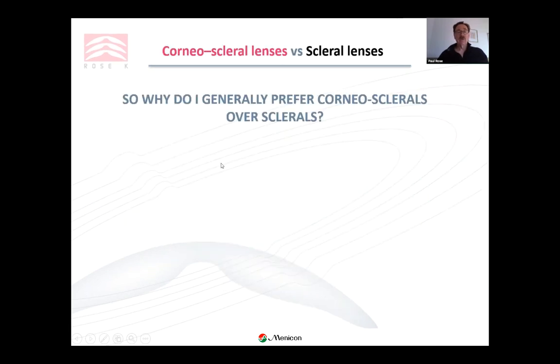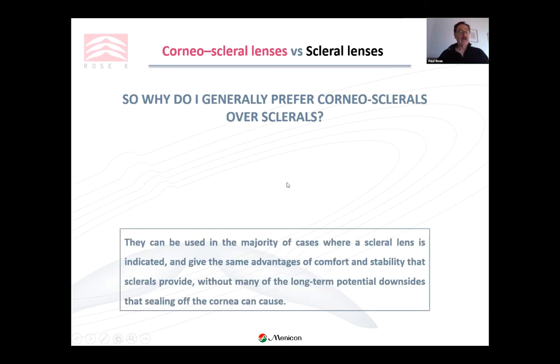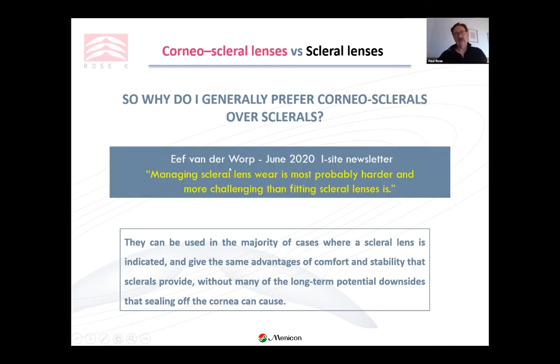So why do I generally prefer corneal scleral lenses over scleral lenses? They can be used in the majority of cases where a scleral lens is indicated, and give the same advantages of comfort and stability that sclerals provide, without many of the long-term potential downsides that sealing off the cornea can cause. There was a very interesting statement in a recent letter from Van Werp, the eyesight letter he puts out each month, which came out in June.